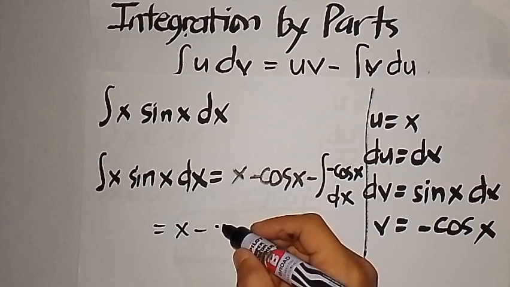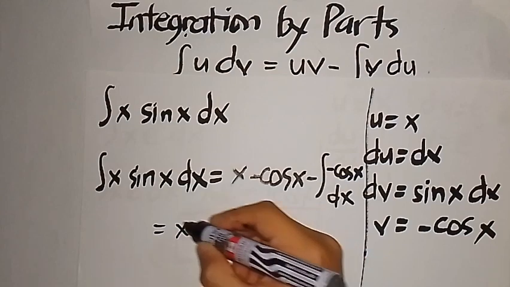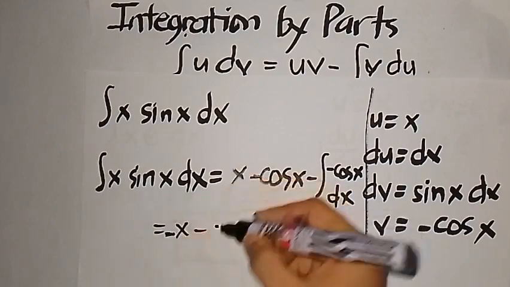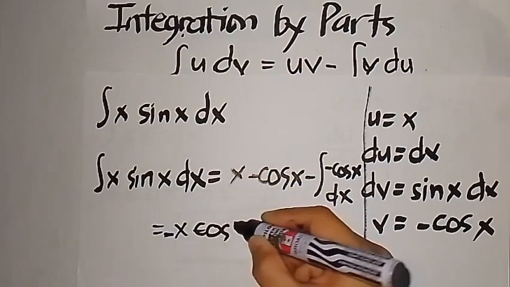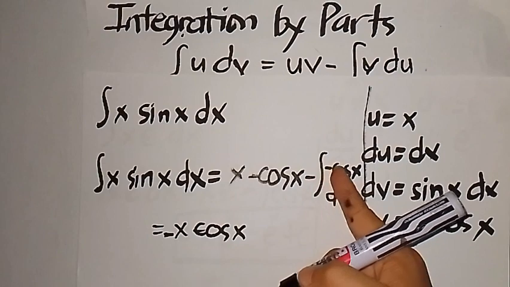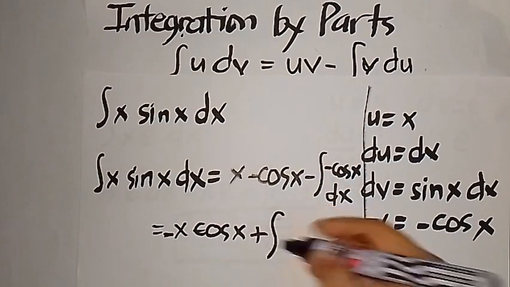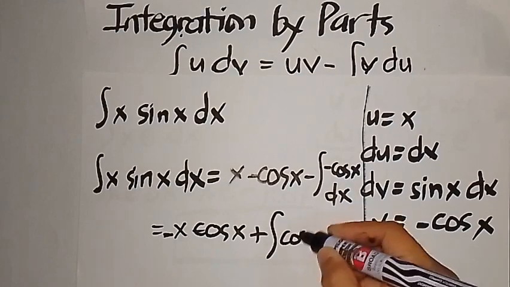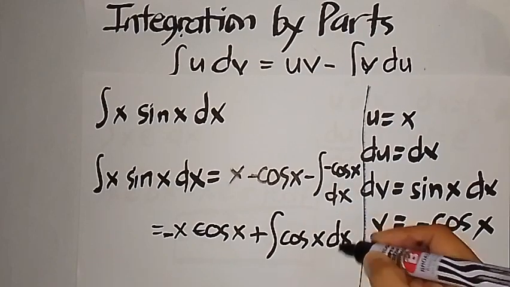We just put the negative sign here: negative x cosine x, and negative times negative gives us positive, the integral of cosine x dx.